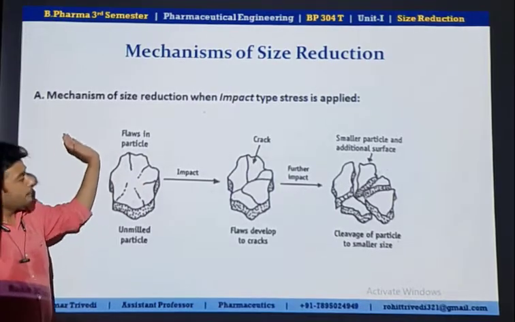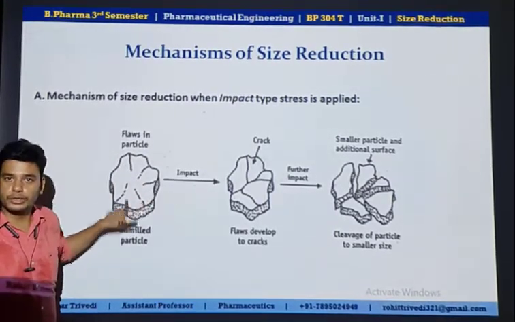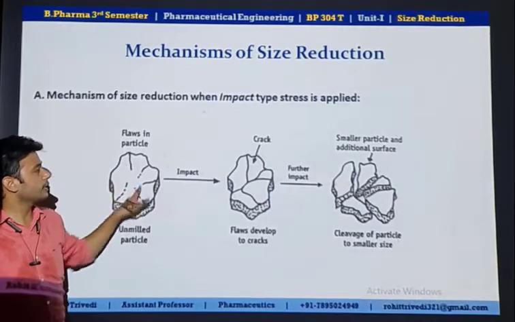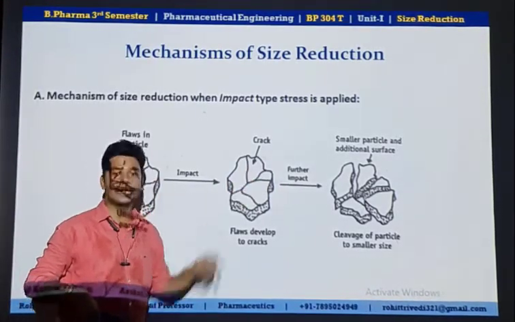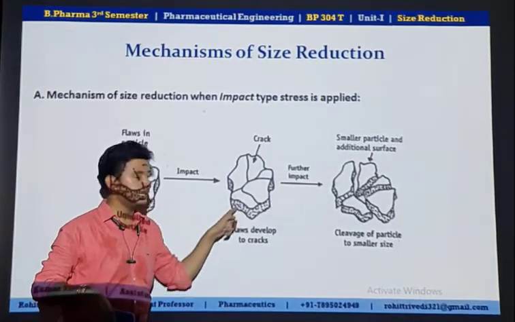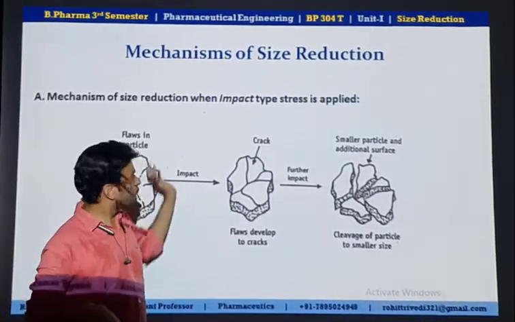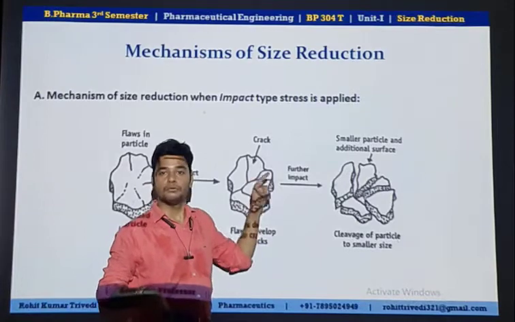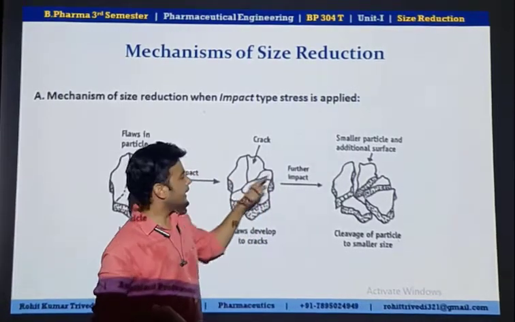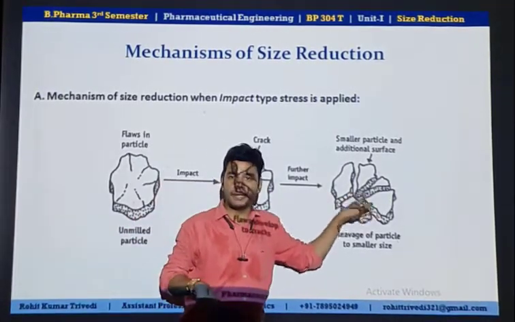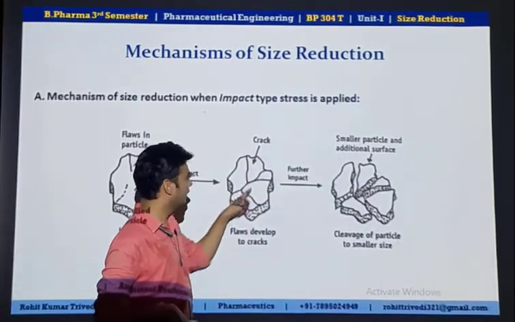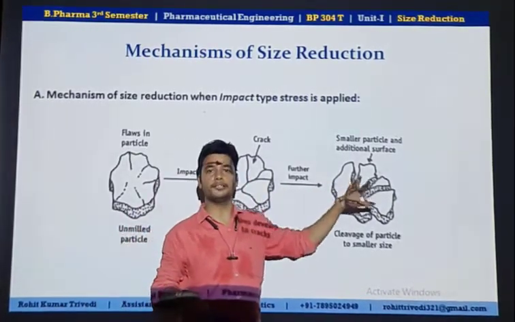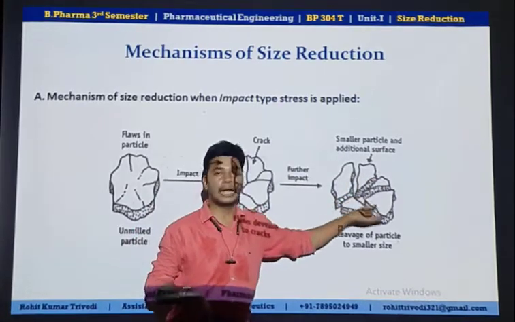When we apply impact or force on these particles, these flaws are converted into dark or large cracks, as you can observe in this structure. Further impact will break this particle into several small particles from the cracks only. Where there is a crack, the particle will be broken down into smaller particles from that crack only.